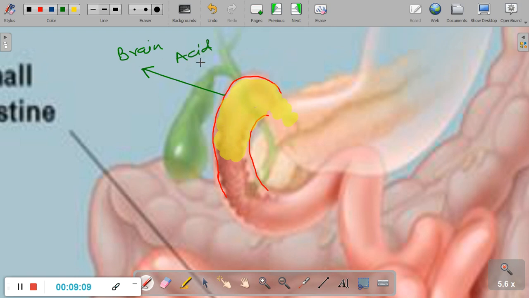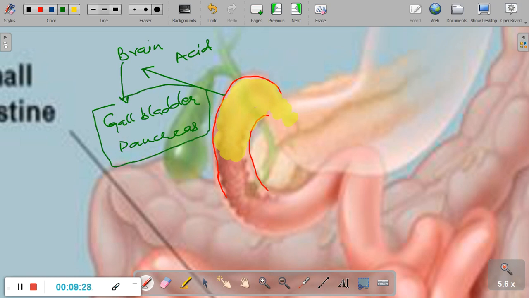Once the brain knows that acidic chyme is entering the small intestine, the brain gives a signal to the gallbladder and the pancreas. The brain tells the gallbladder and pancreas to release their secretions.